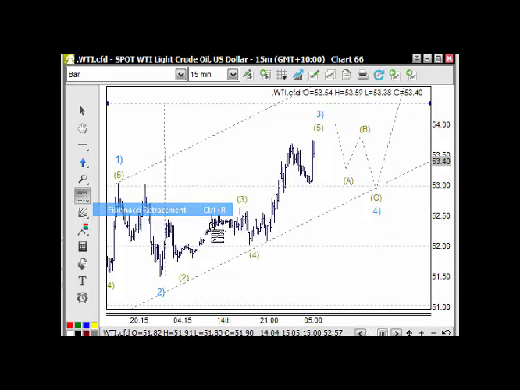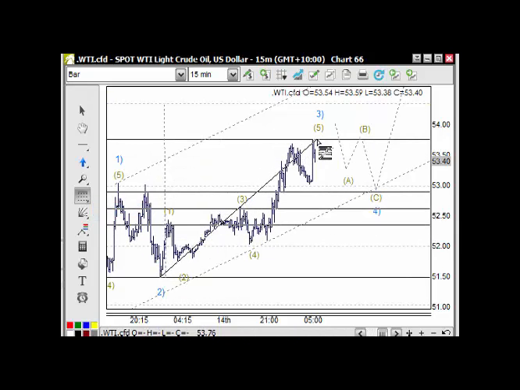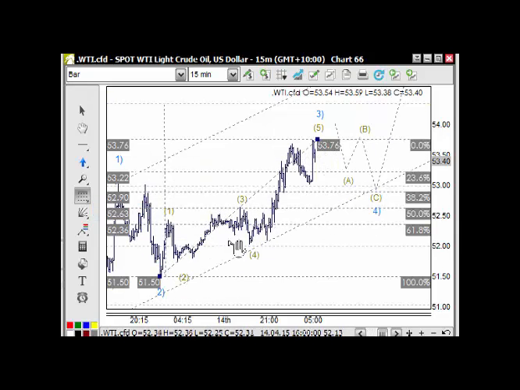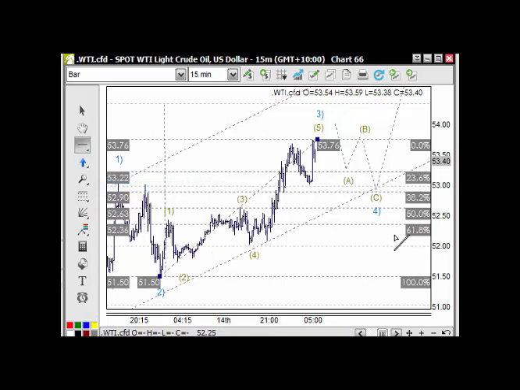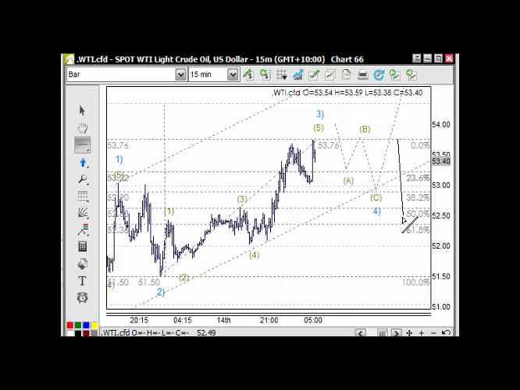So if I took a bit of a guess here, I could look at this area here from this low to the whole of wave 3 as that point, and then I could just, using trend lines here, grab 60% of that third wave to here, and then put that here.